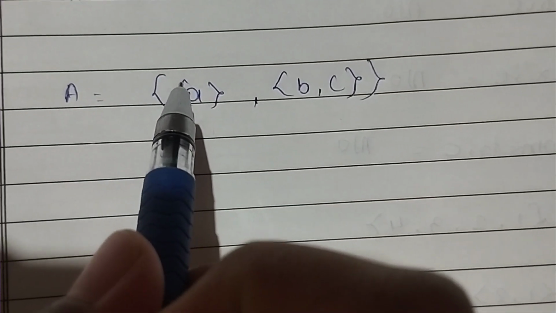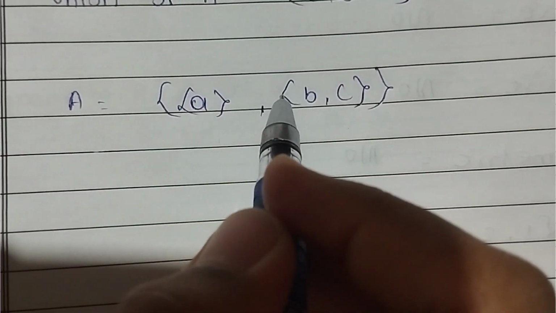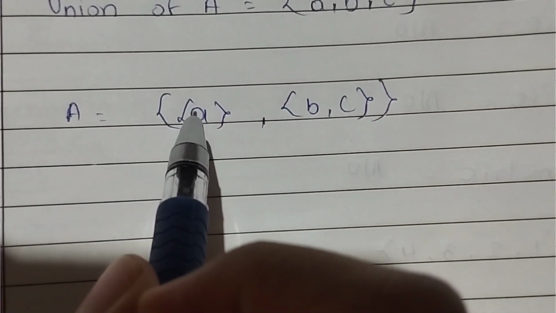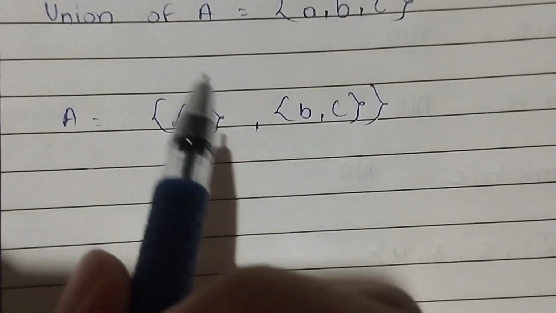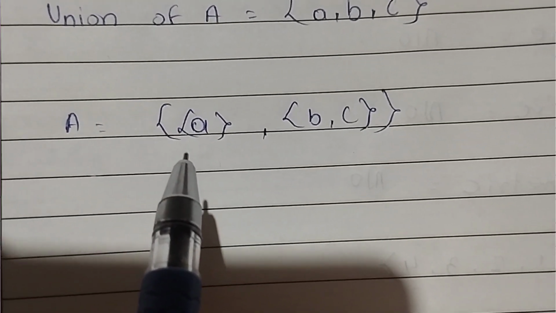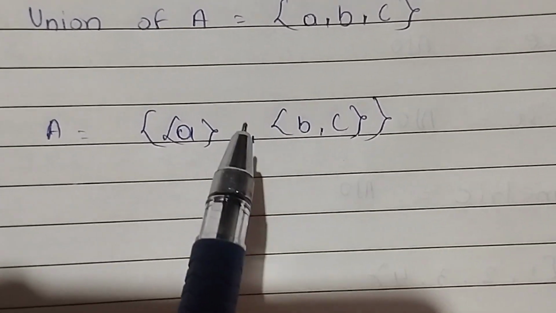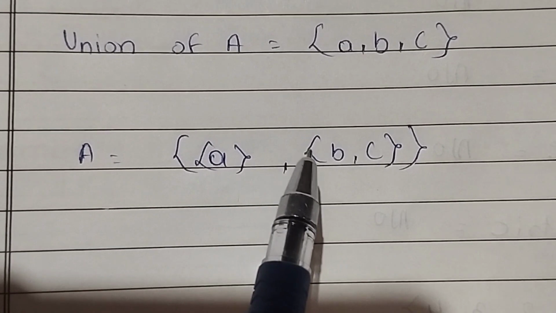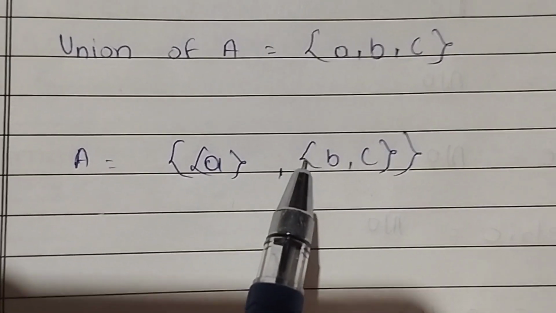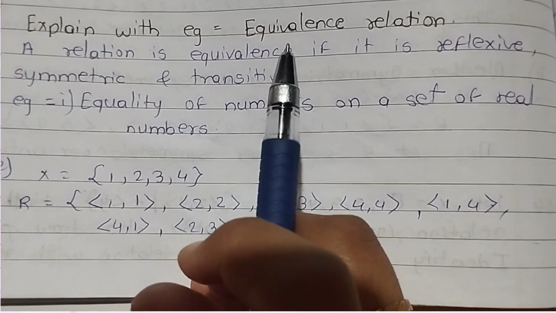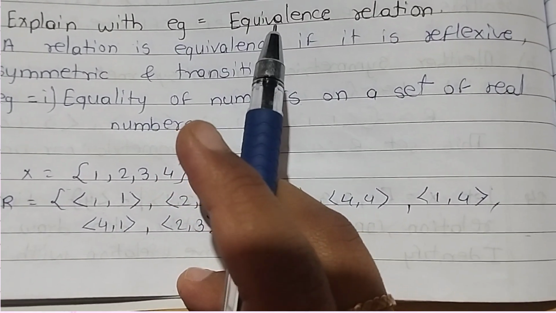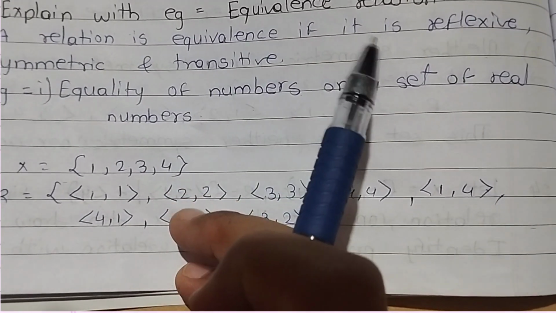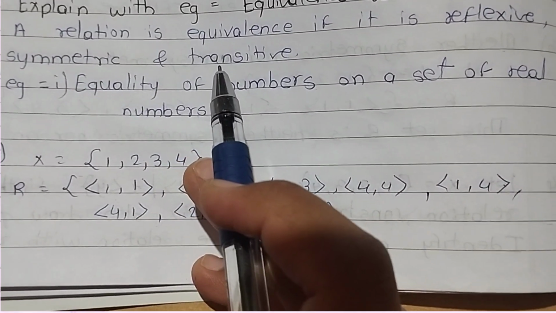And a partition set means we want no single element common in A. So the given set is a partition set. We want A to be mutually disjoint. That's why the given set is a partition set. Now the next concept is an equivalence relation. A relation is an equivalence relation if it is reflexive, symmetric and transitive.